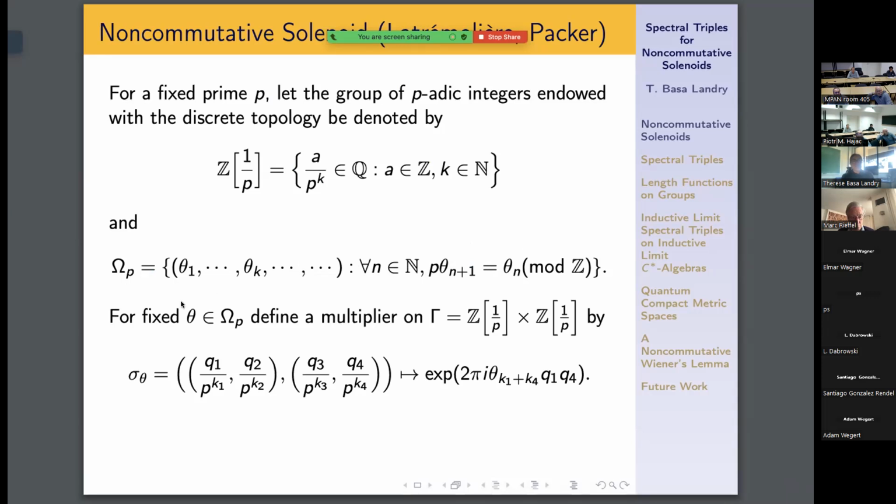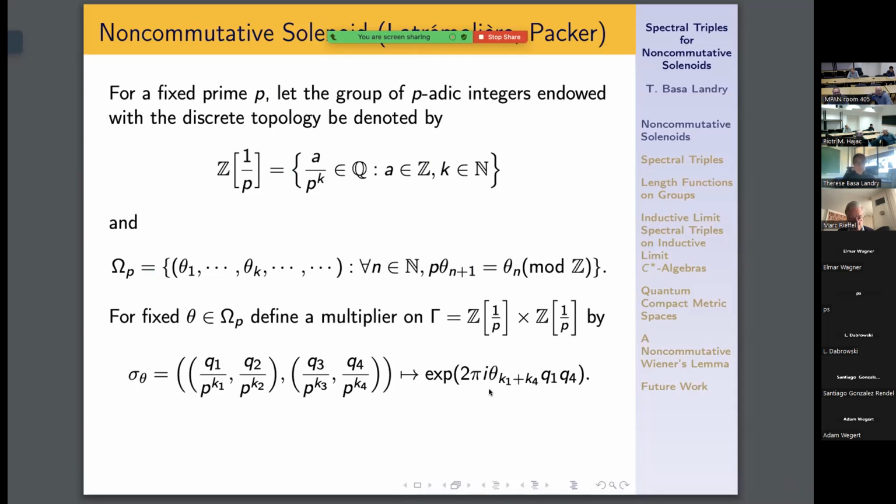Given a choice of such a sequence in Omega_p, we could define a multiplier on Z_p cross Z_p. That'll be our discrete group. Taking 2 elements in Z_p, here is an example of a multiplier on this discrete group.